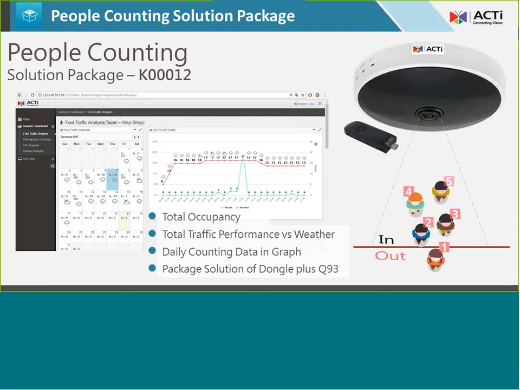You can imagine they have very high foot traffic, but before they had people counting, it was really hard for them to decide the KPI for their marketing team and store operation team. So the story comes from here.